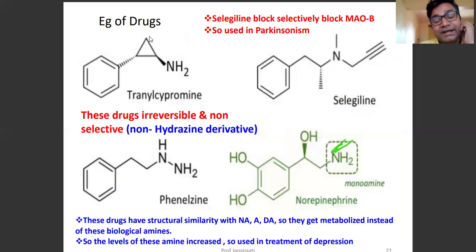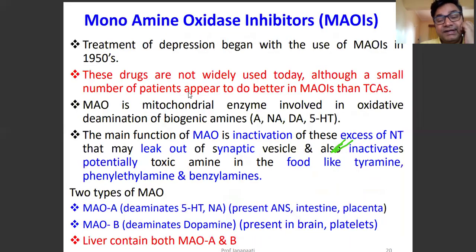Now, in this slide, you can see what we told. MAO is a mitochondrial enzyme involved in oxidative deamination. I told you what it does: oxidation plus deamination, of adrenaline, noradrenaline, dopamine, 5-HT.